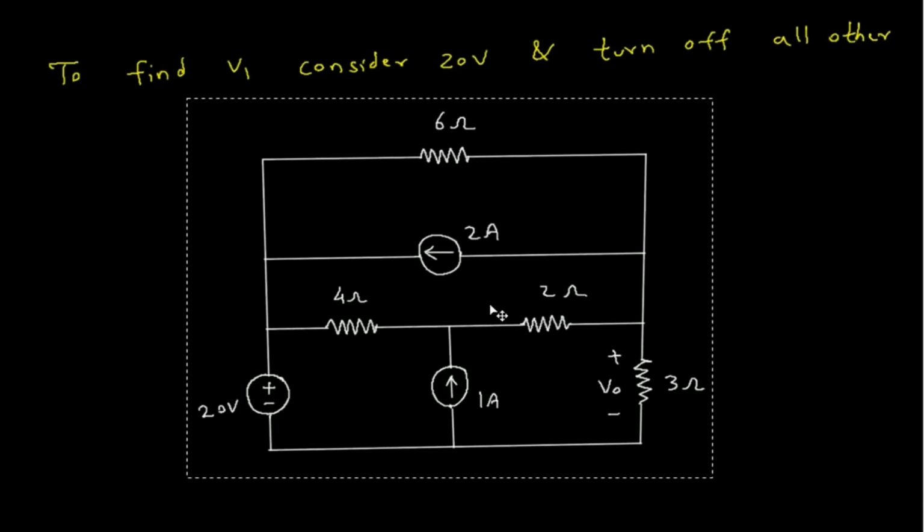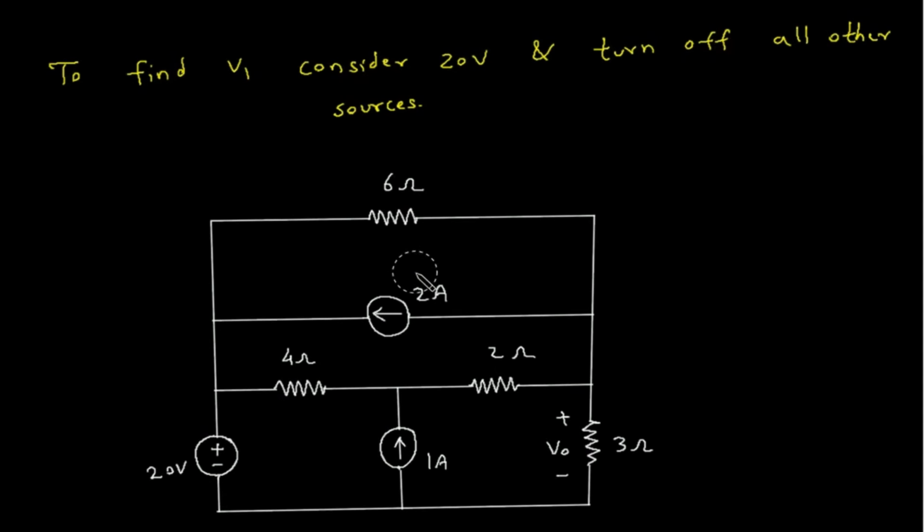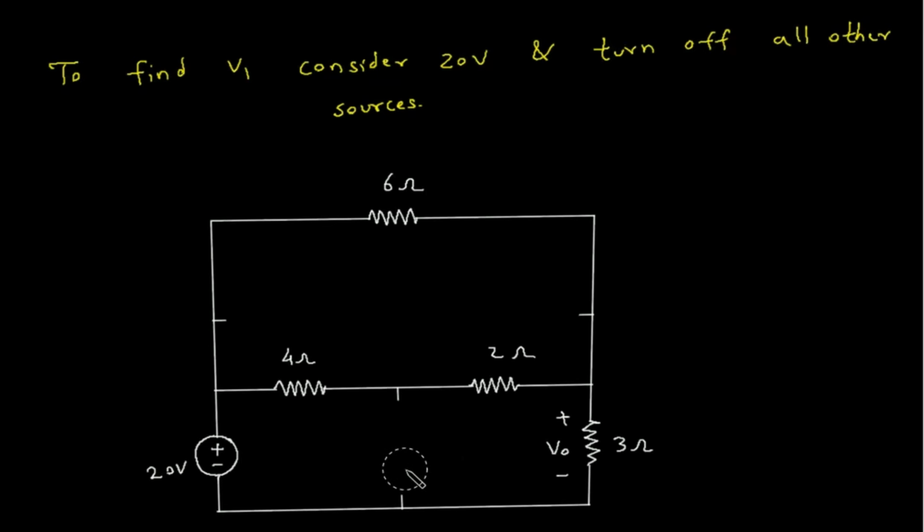Now when we turn off, we are considering this 20 volt and we will turn off other sources. As we can see that this is a current source, so this will be open circuited. Also this is a current source, so this will be open circuited.